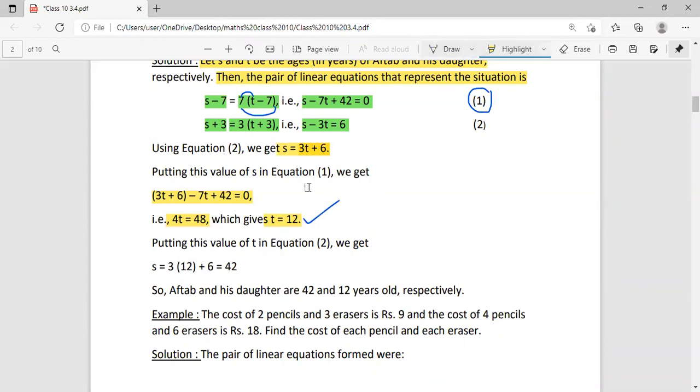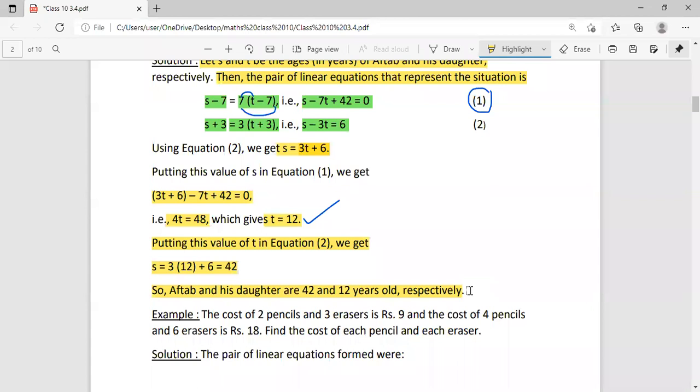Now we have to put this value of T in equation 2, where we had S is equal to 3T plus 6. Substituting 12 for T, we get S is equal to 3 into 12 plus 6, which is equal to 42. And our answer is Aftab and his daughter are 42 and 12 years old respectively.